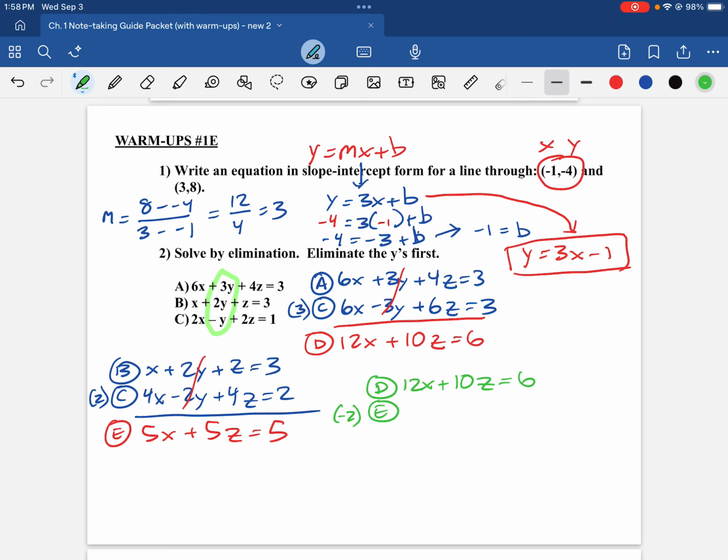Equation E, let's multiply everything by negative 2, so all of those 5's will become negative 10's. Okay, and now we can eliminate the z's. Okay, I got 2x equals negative 4, so that means that x is going to be negative 2.